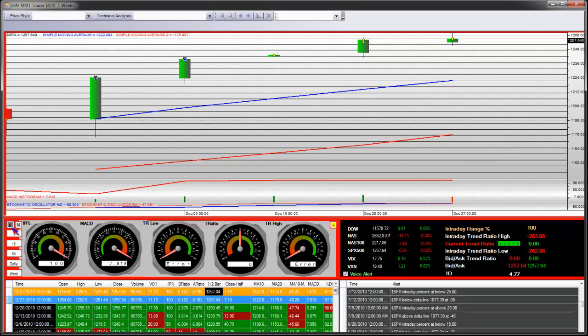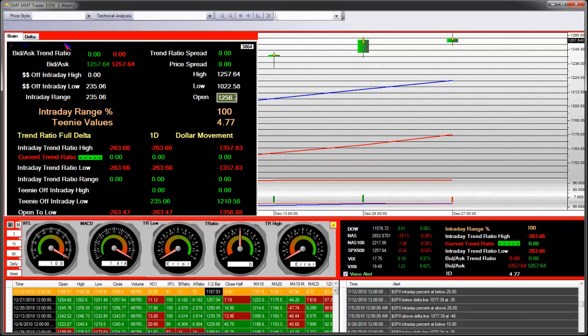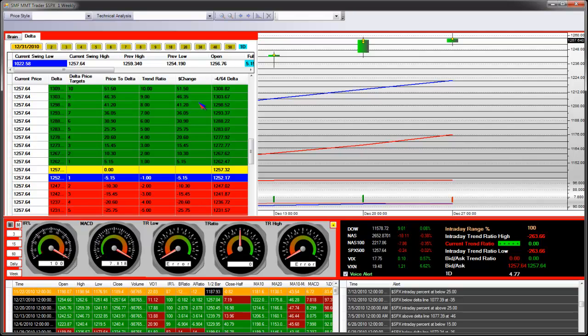Let's see where in the brain we can go. Let's go above the delta. This is all on Monday. Heck, if we go up 3 deltas, that's 1273. 1267, 1262 will be the next resistance in the brain. 1262 on the S&P 500.